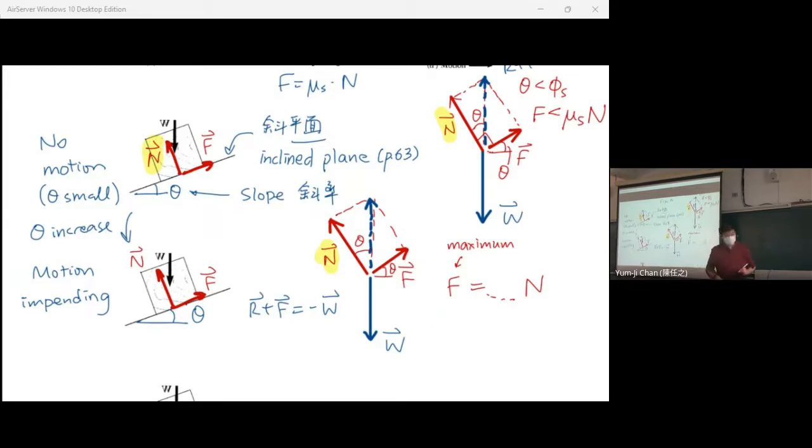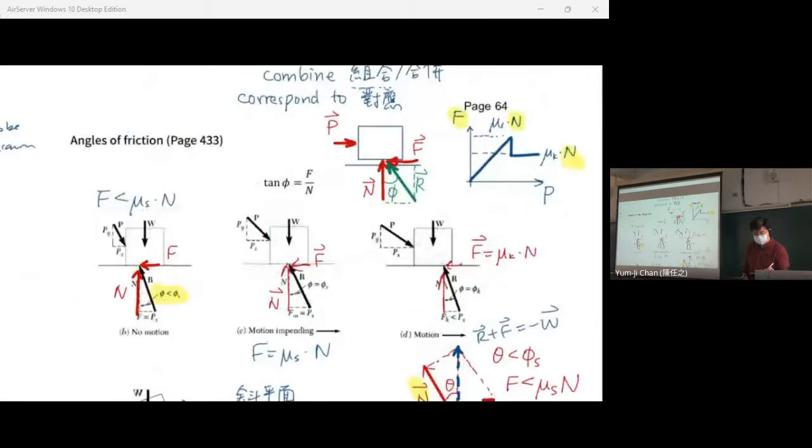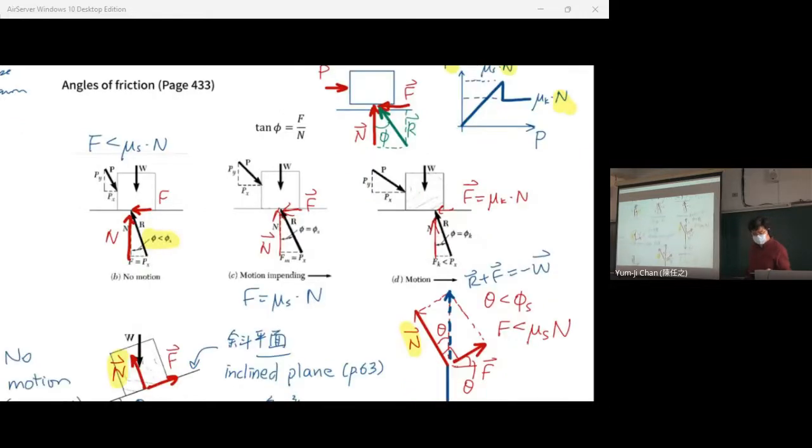Let's look at the figure again. If the friction is at maximum, then F is equal to mu s times N. So here it is equal to mu s.